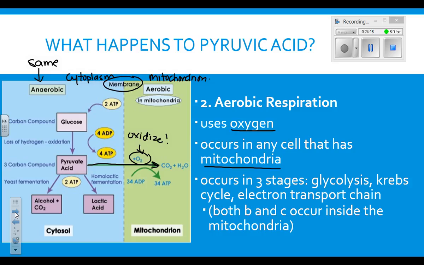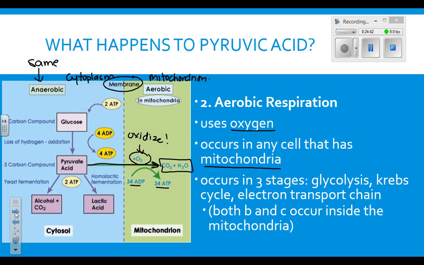And somehow over here, I am going to take 34 ADP, sorry, and make 34 ATP. I'm also going to produce CO2 and water, which makes sense. That was what I used to make glucose in the first place.